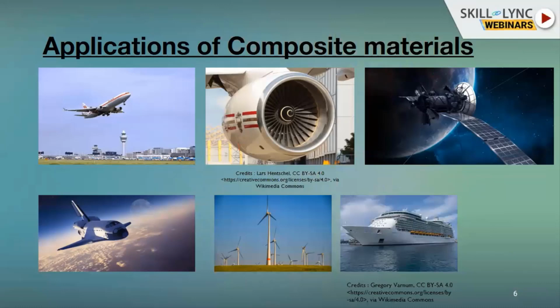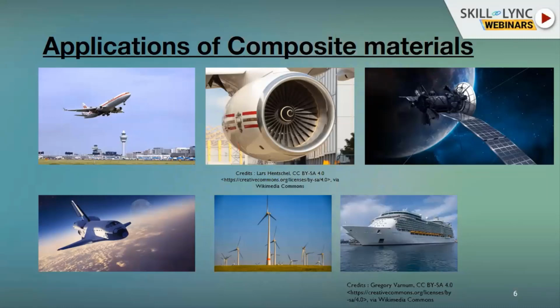Some of the more applications are in space, where most of the satellite parts are made up of composite materials. Again, the main idea is to save weight. And most of you are aware of the space shuttles.